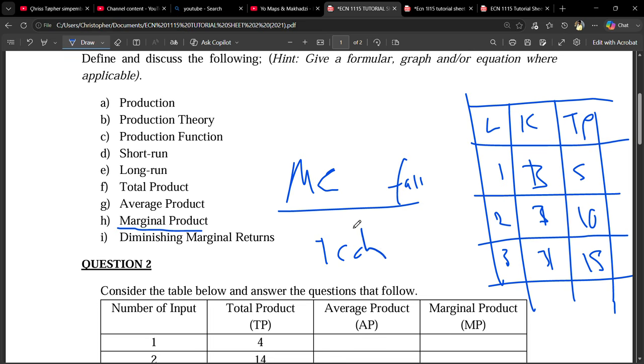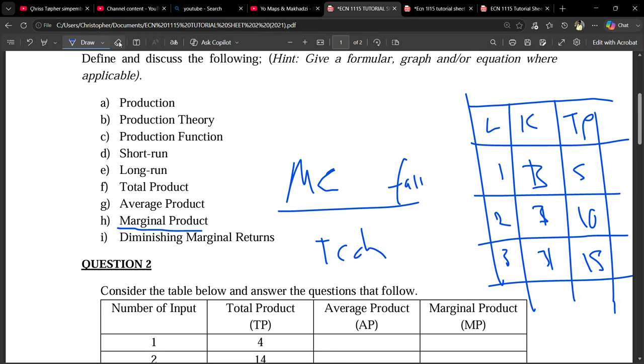You're going to find that this falls as we keep on adding the varying input to a fixed input, because as you're adding labor to capital that is fixed, you reach a point where labor will match the fixed input. Then if we add more labor, instead of total product increasing exponentially, it will start increasing at a decreasing rate.